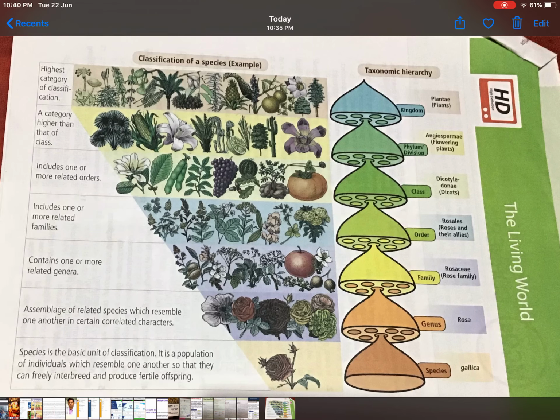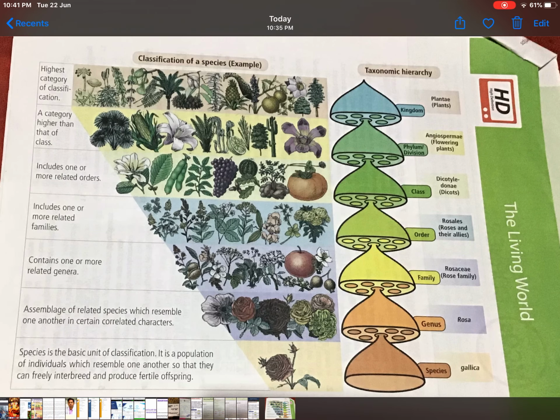So for that, today we are taking one example. It starts with the taxonomical hierarchy. It is a chain, a ladder in which we go from the lower category, the lower taxon called species, up to the higher taxon called kingdom.